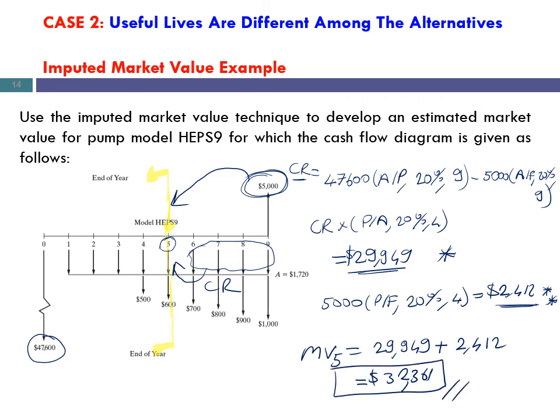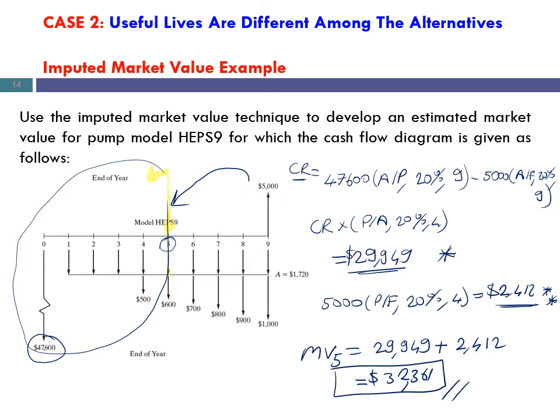Now, if we need to compare this alternative with another one, I just get rid of the rest of the project. I just delete this part. I include this market value here as an additional $32,361, and now my 5-year project is this, and I compare this with other alternatives.